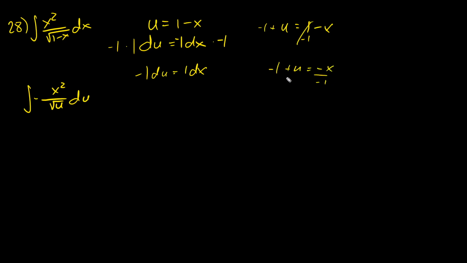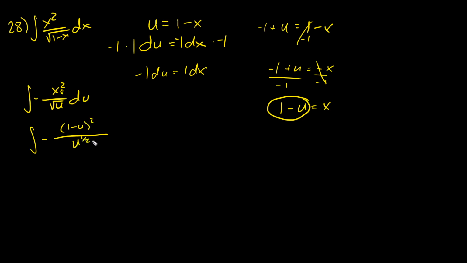So divide by negative 1 and get 1 minus u is equal to x. So I'm going to plug this in for x. Hey, more substitution, right? So we get the integral of negative (1 minus u) squared over u to the 1/2, du.